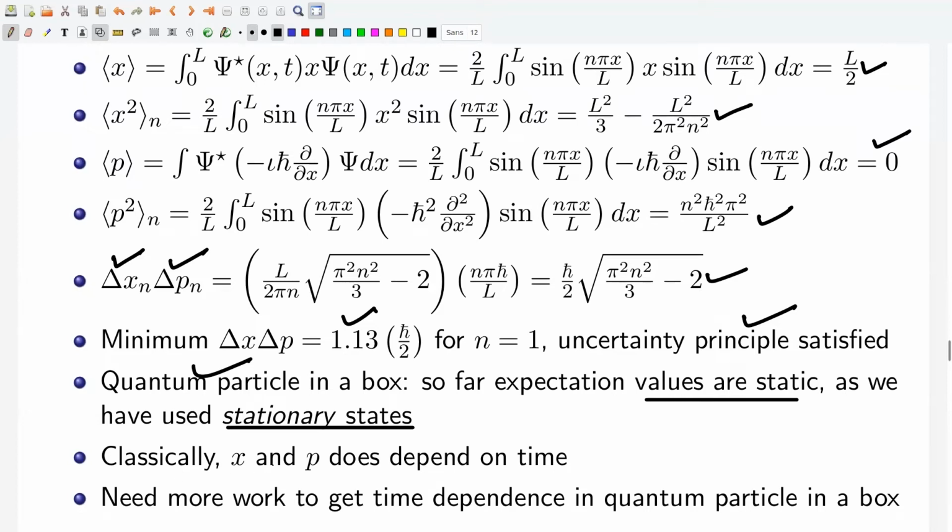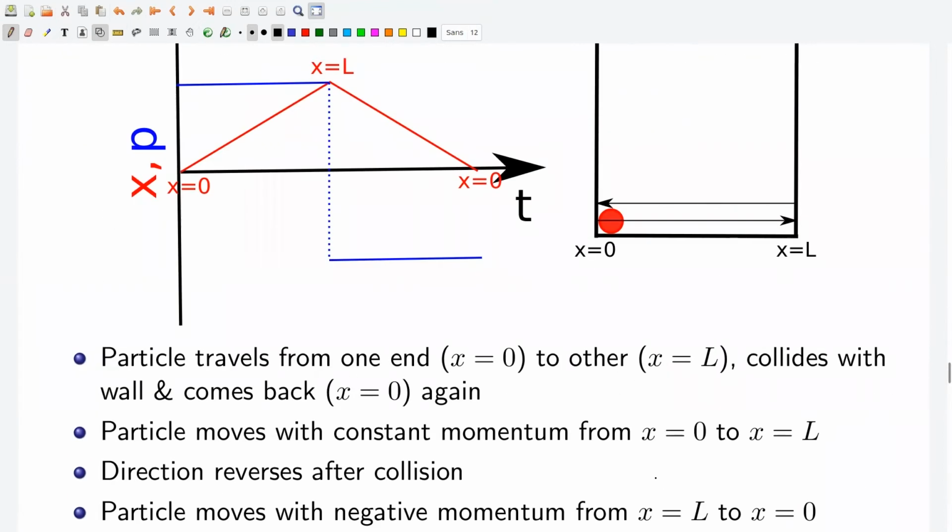However, if you look at classically, X and P does depend on time. So, can we get this time dependent picture in case of quantum particle in a box? The answer is yes, and let us see how do we do that. Before we solve the quantum problem, let us see what happens classically. So, the particle travels from one end of the box to the other end, and then it collides with the wall and comes back in this direction.